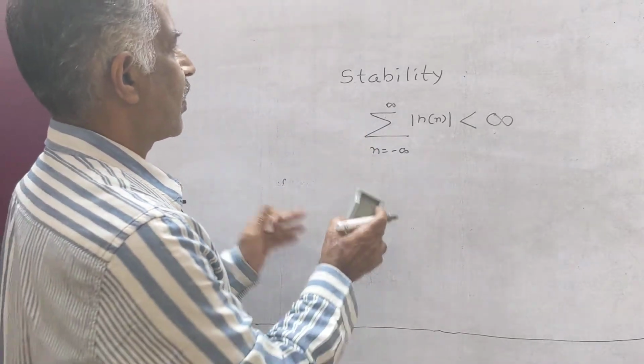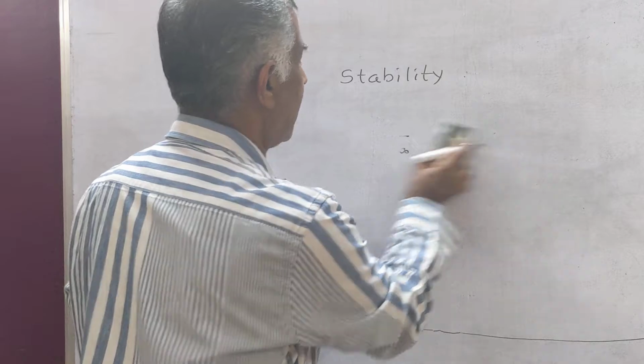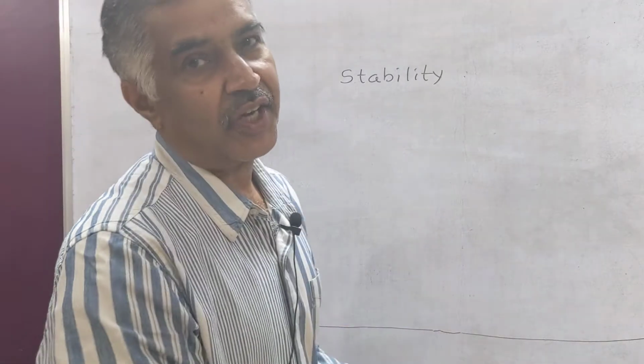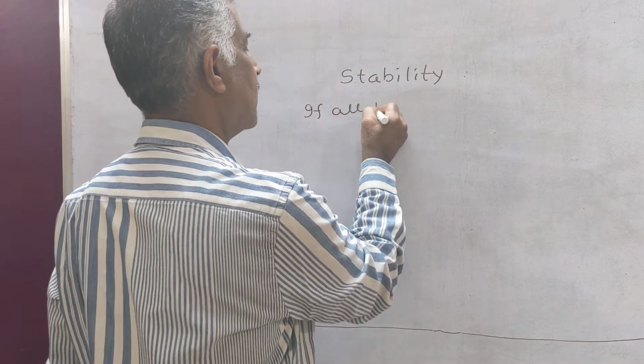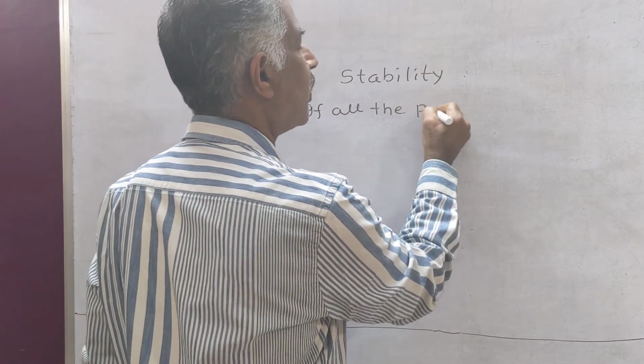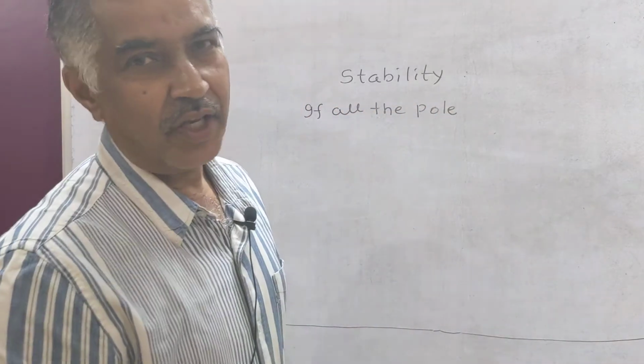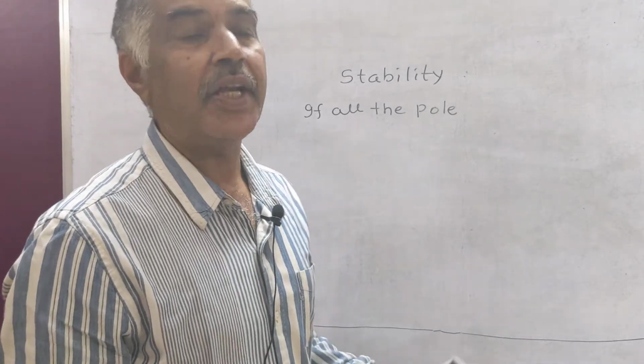Now again, stability is tested in terms of the Z transform. I am not giving you proof. The reason is we have not yet taken up DTFT.